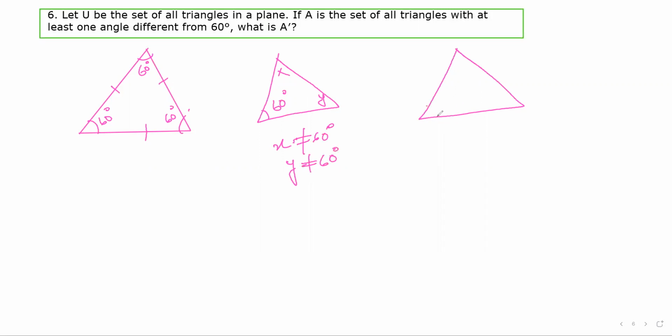You can also have a scenario where all angles are different, or two are same and the other one is different, but either way none of the angles is equal to 60 degrees. That is the third scenario which is possible.